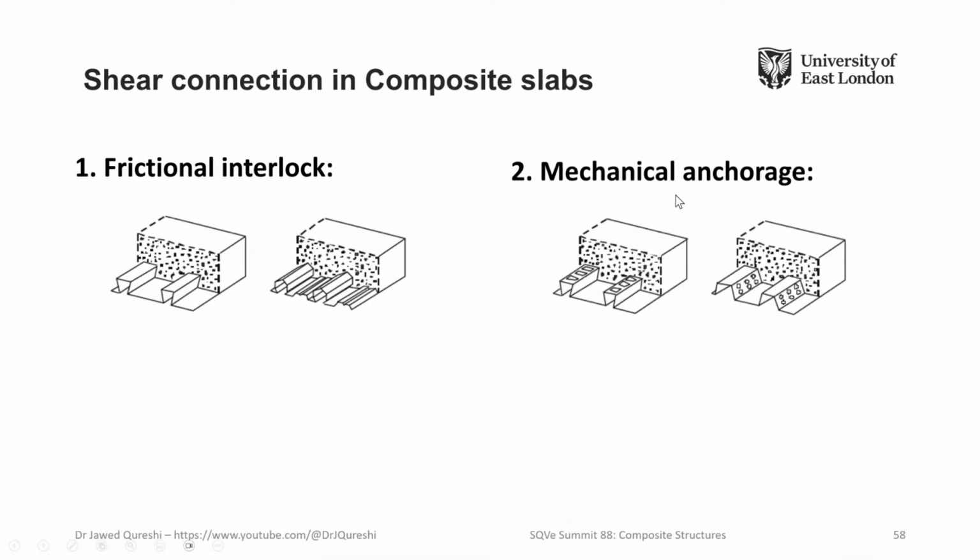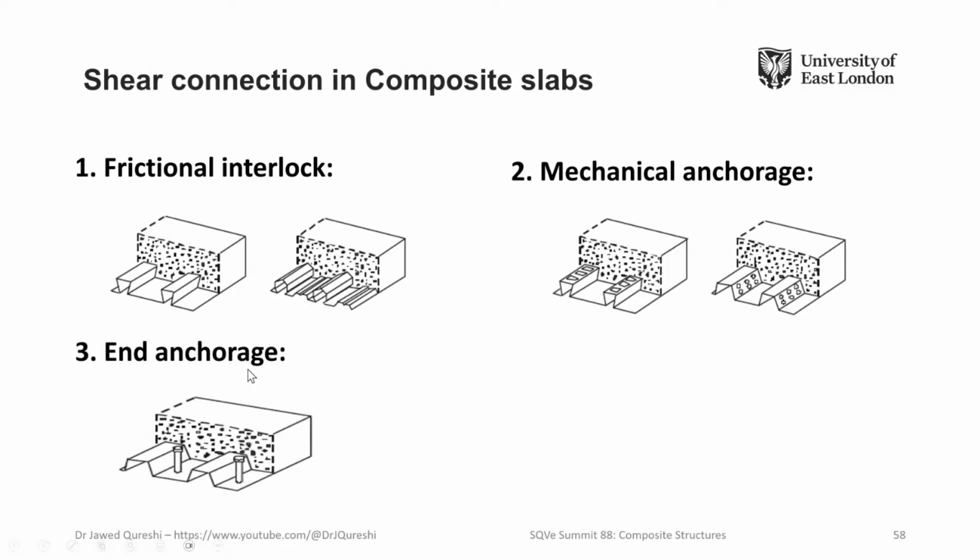And then we have mechanical anchorage. Here you can see we have some indentations in the slab. These indentations, they will prevent the slab from moving in longitudinal direction. And longitudinal shear is one of the most important topics in this area. And thirdly, end anchorage.